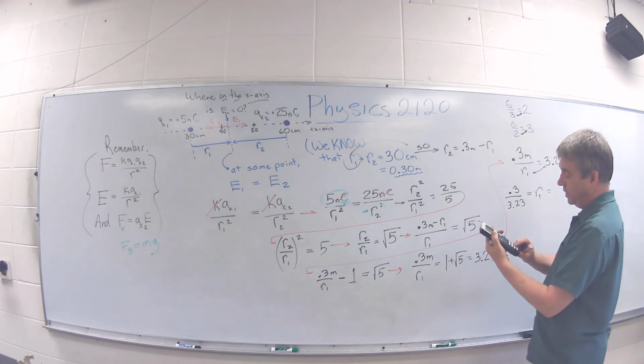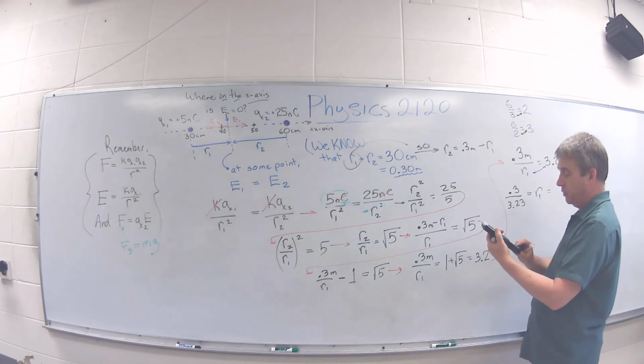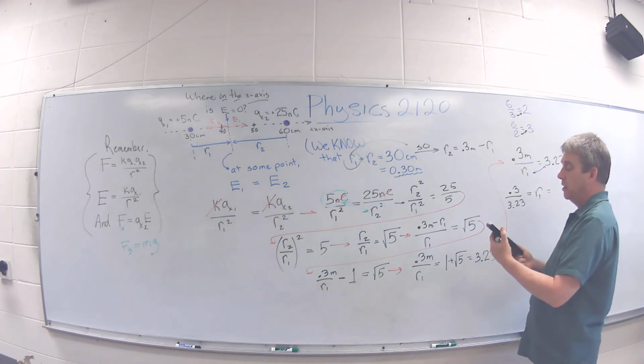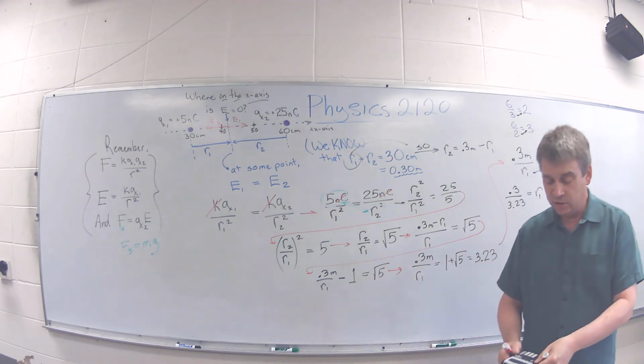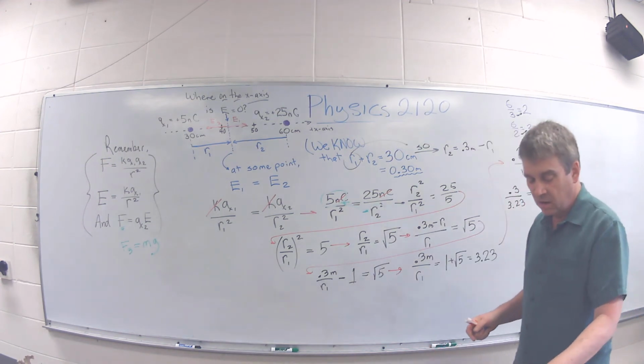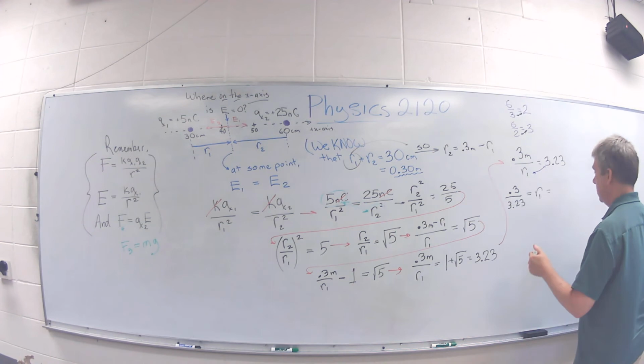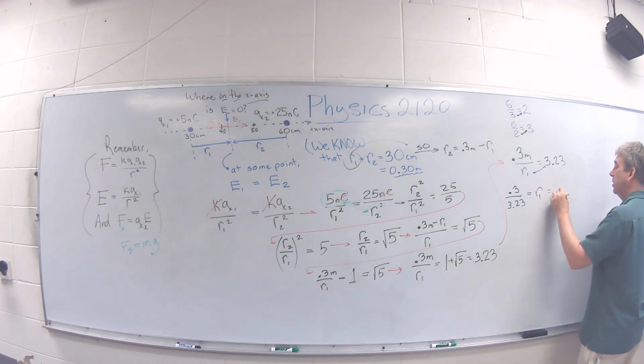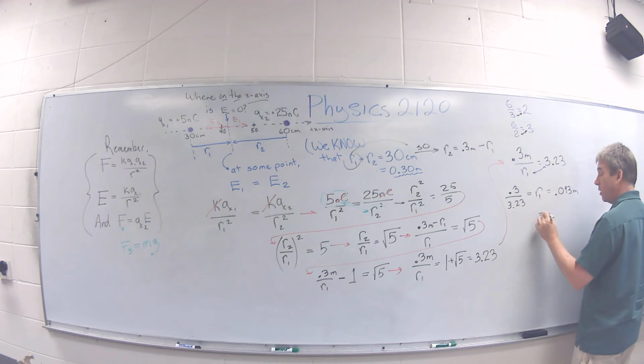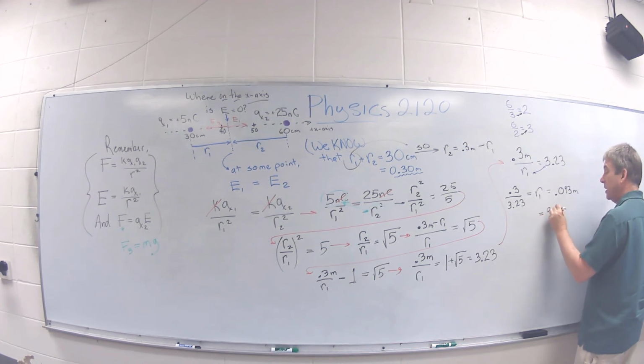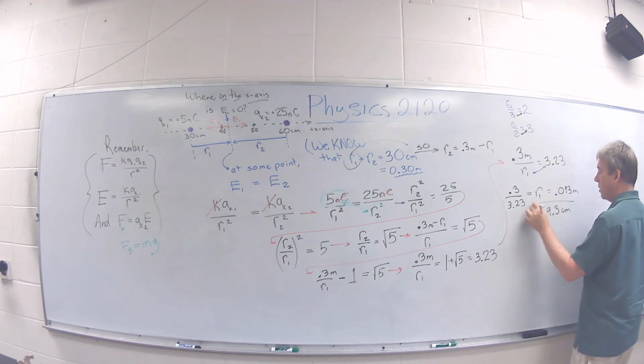And we have 0.3 divided by 3.23, and we get 0.093 meters, or 9.3 centimeters. This is R1.